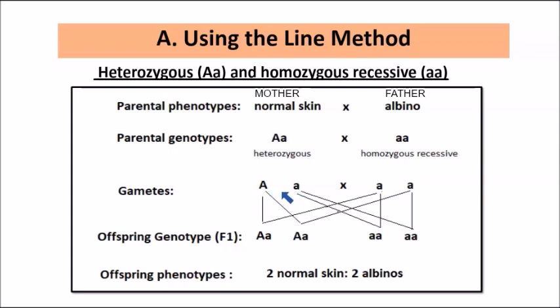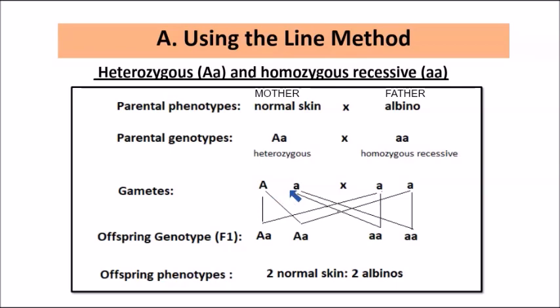This is just representing the different types of alleles that can be found in the mother's eggs that are produced. Similarly with the father, he only has recessive alleles, so all of his sperm are going to carry recessive alleles. You're just separating them to represent that these are the gametes.